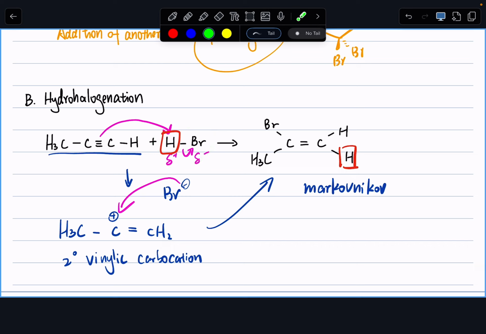If we specify the reaction is one mole of HBr added onto the acetylene, then we can probably stop here. But if in the reaction we say, okay, we have excess of HBr, then we're likely to keep going until we have fully halogenated the double bond. All right, so it depends on how we describe the reaction condition.